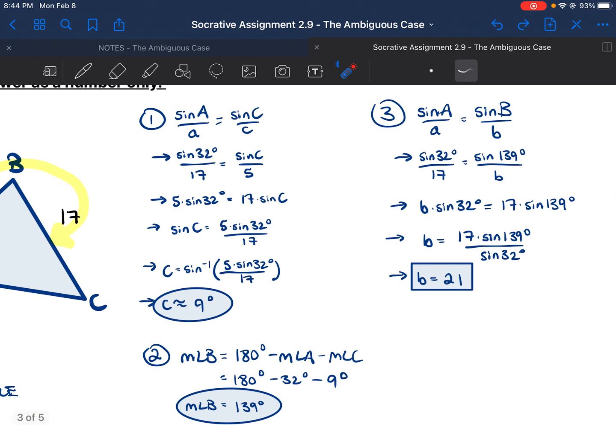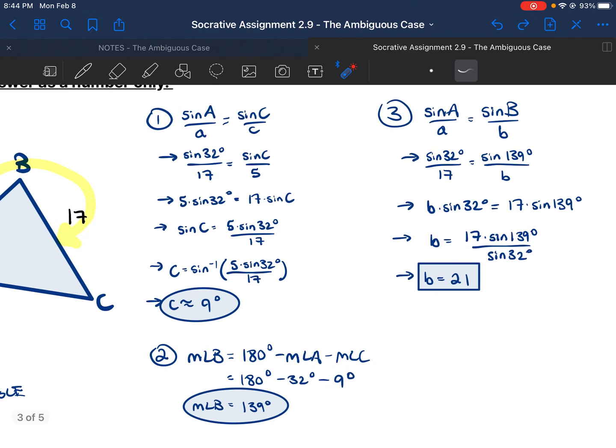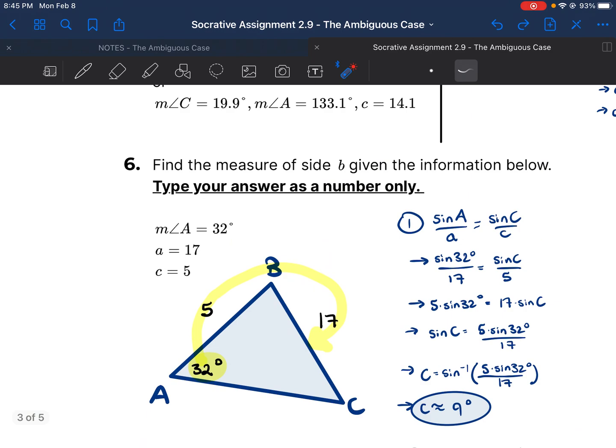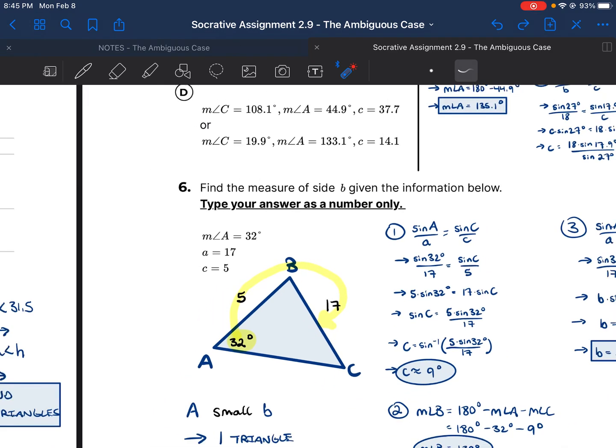And then, of course, once we know that B is 139 degrees, we finally have to find side B. So I set it up as sine of angle A over A equals sine of angle B over B. Cross multiply, isolate for B, and we get that B ends up being 21. And this is our final answer, because we were asked just for the measure of side B.